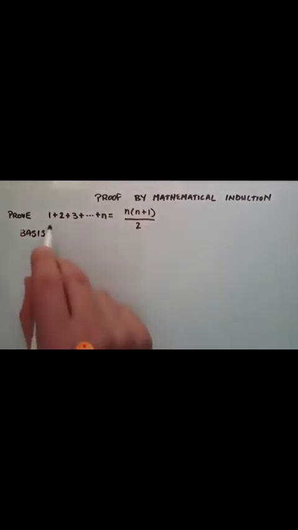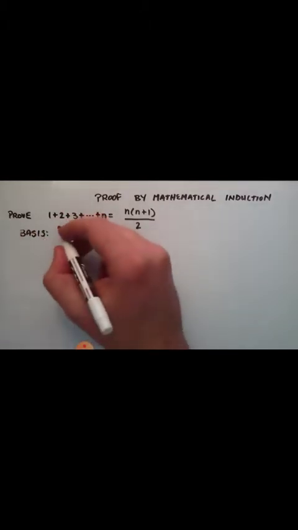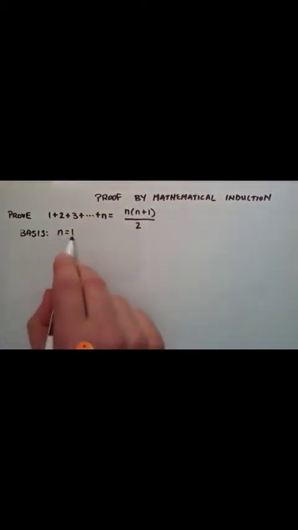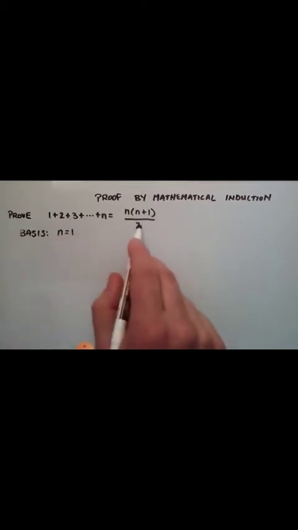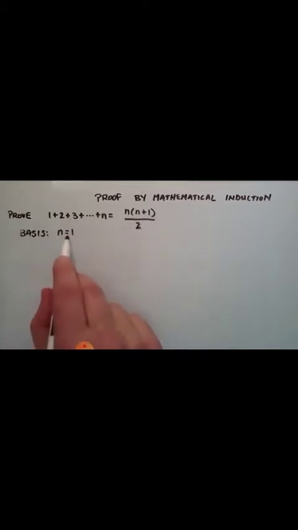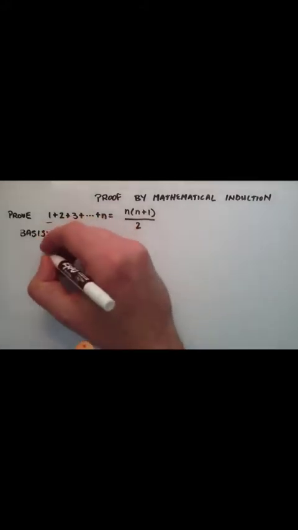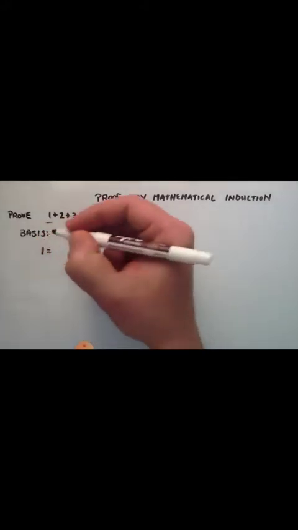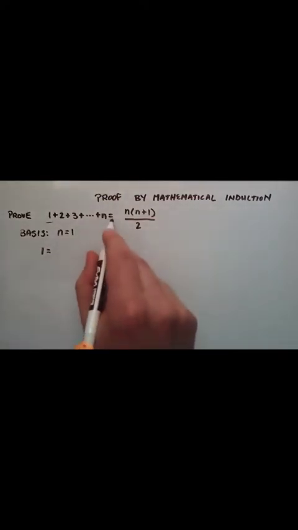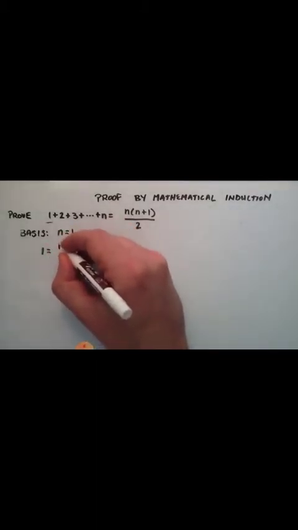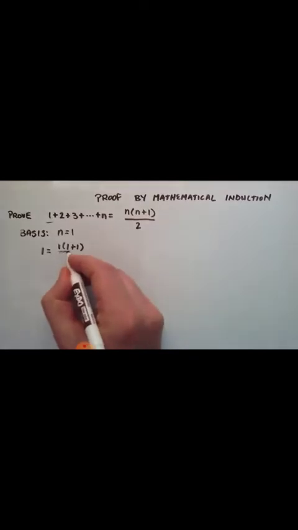So in order to prove this question by the mathematical induction method, we first prove this equation for n is equal to 1. This equation is true for n is equal to 1, and if it is true for n is equal to any value k, then it will be true for n is equal to k plus 1.